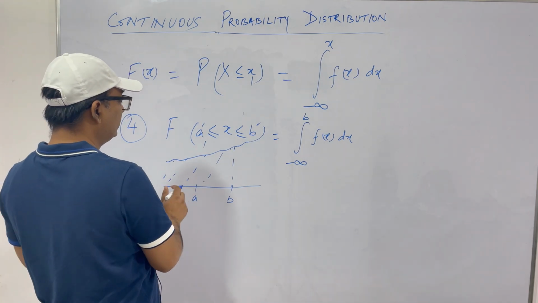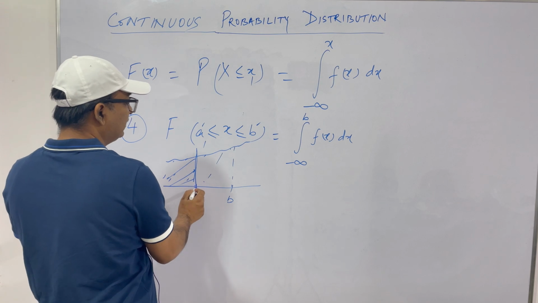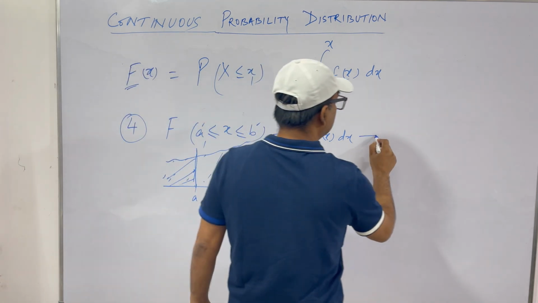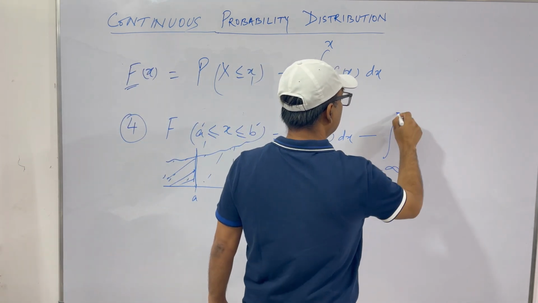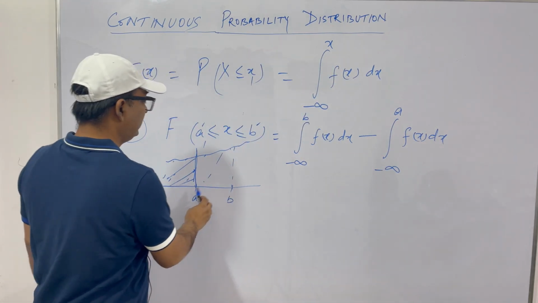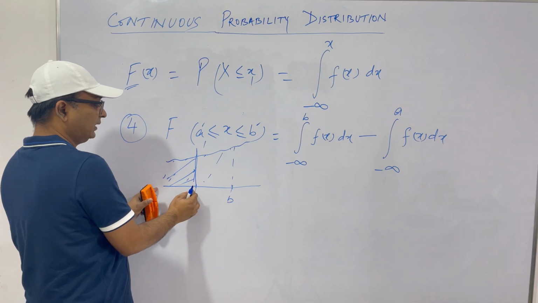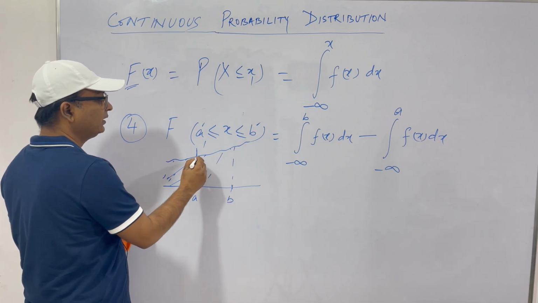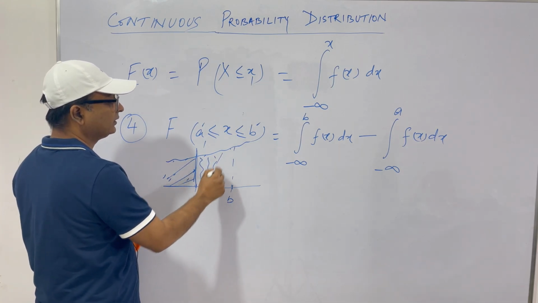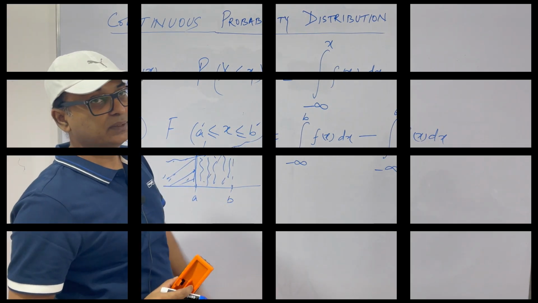Then we subtract the part from minus infinity to a of f(x) dx. So what we get is this shaded area, the distribution function for a to b. Clear?